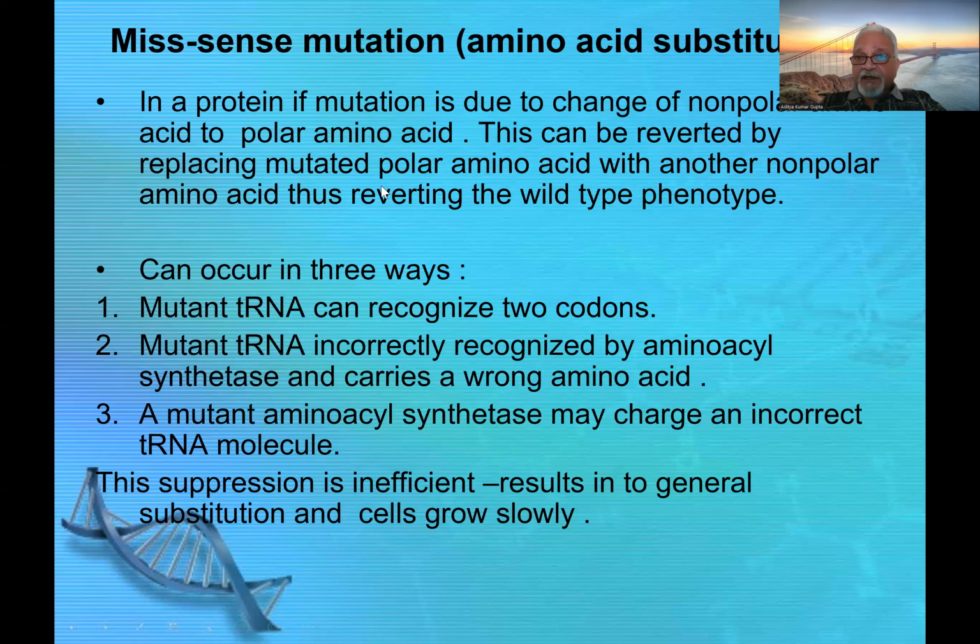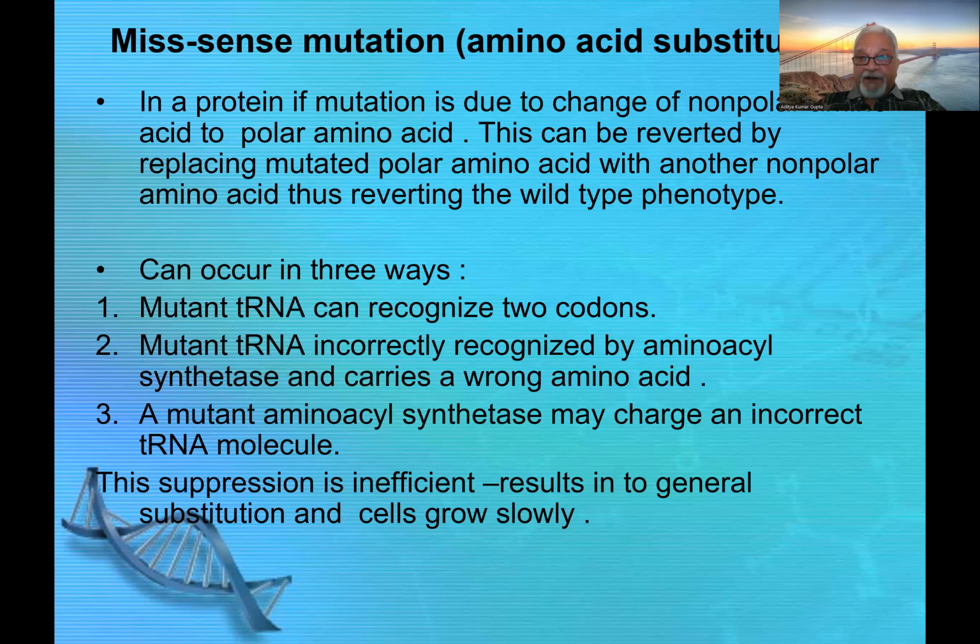So how does this happen? There are three ways by which this can happen. Again, because of a second mutation in tRNA, because tRNA is the one which reads the information on mRNA.